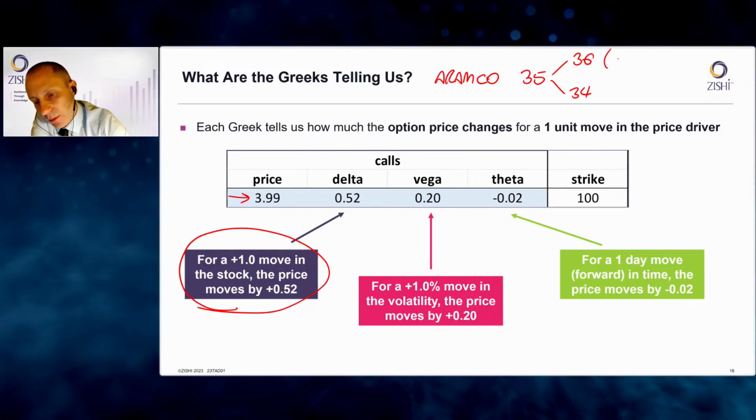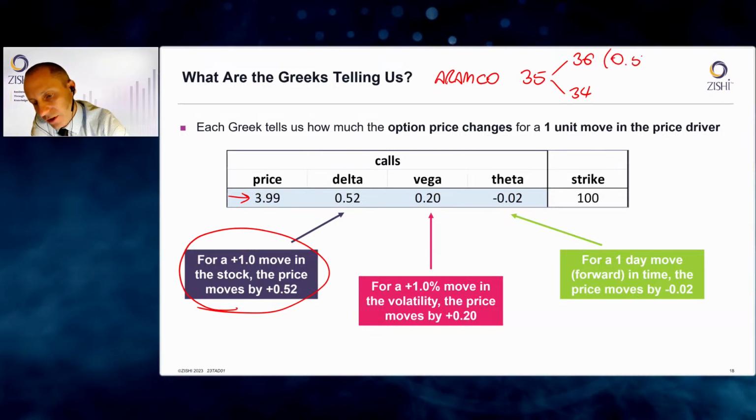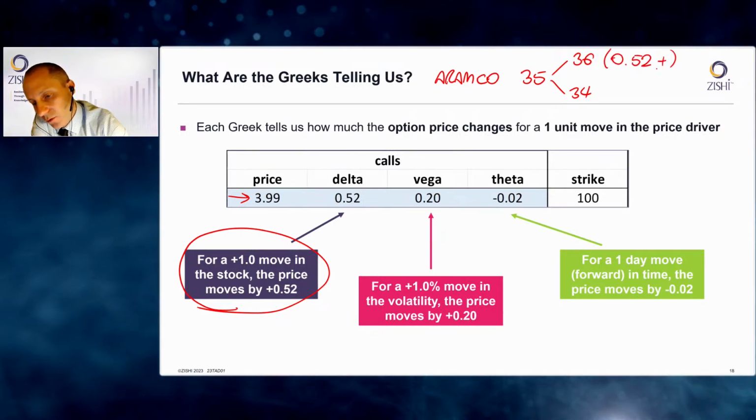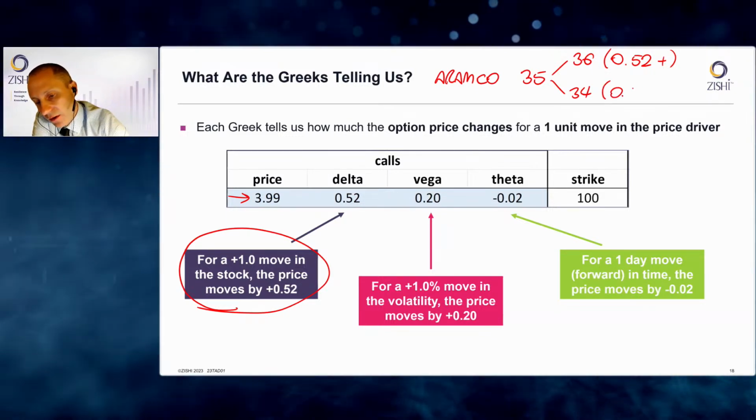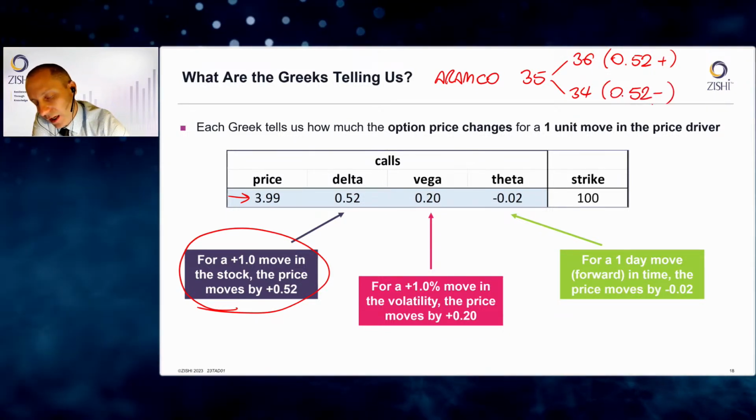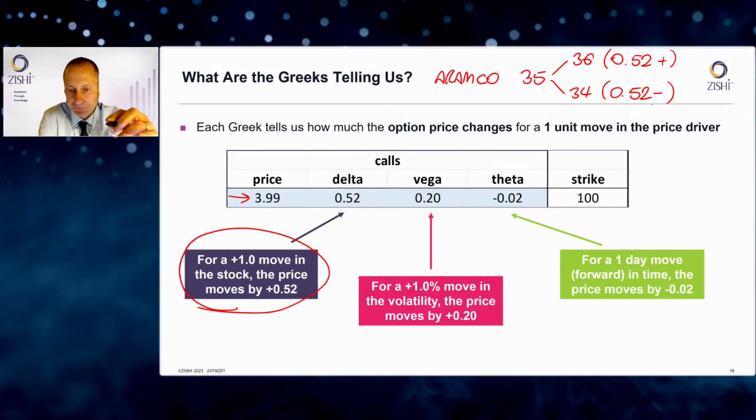If we move up to 36, my option price would go up by 0.52. And if we go down, it would go down by 0.52.